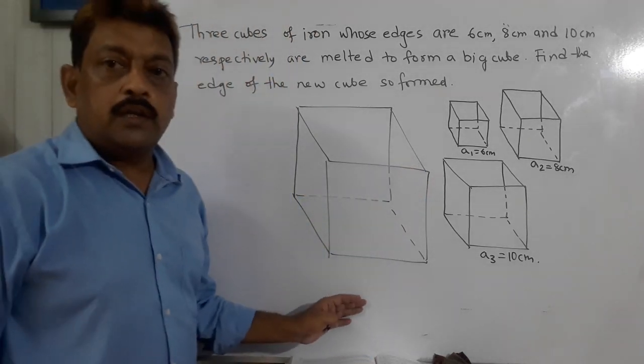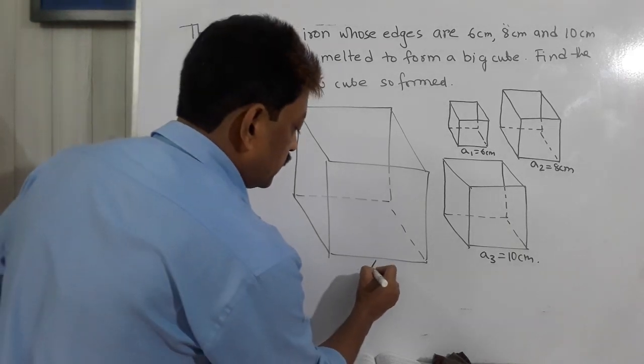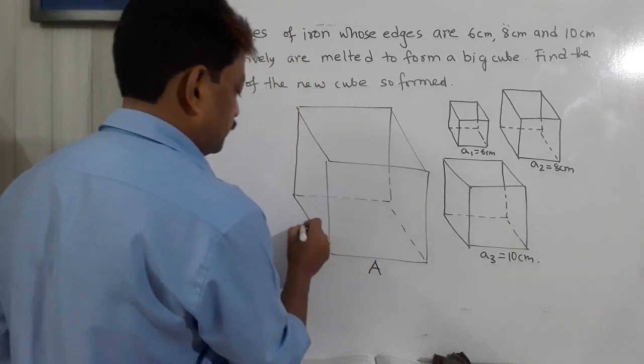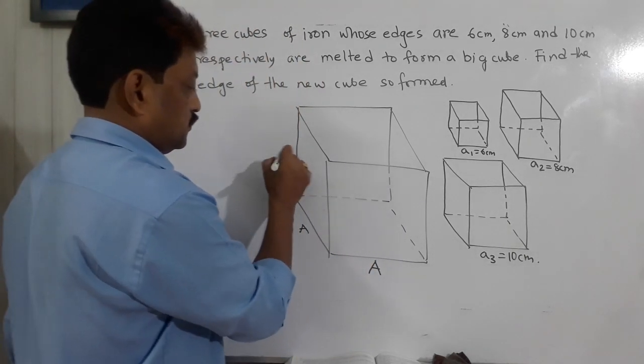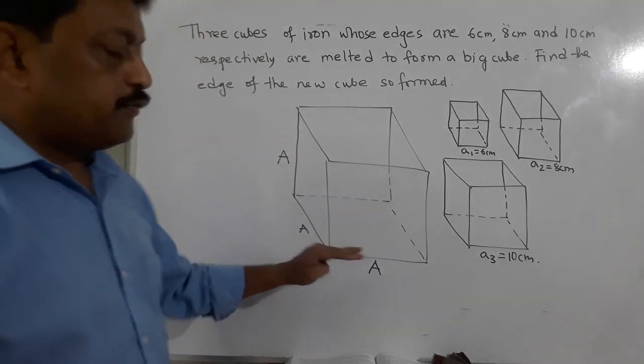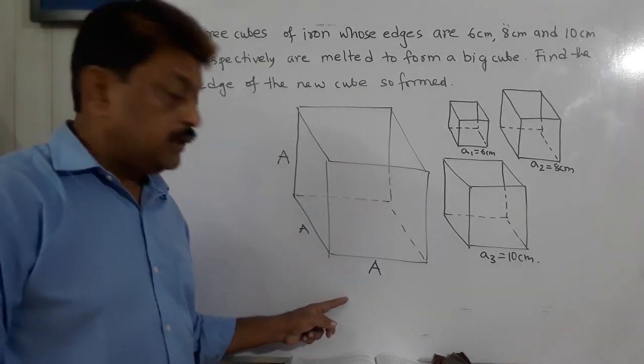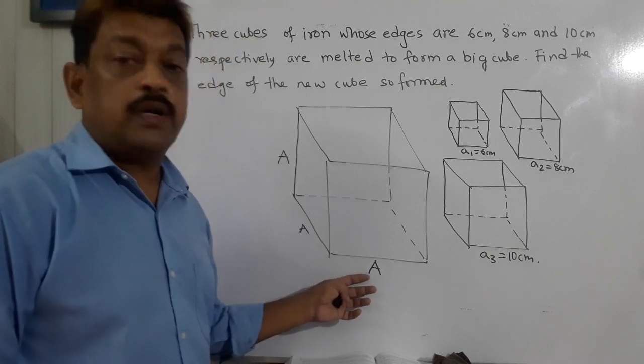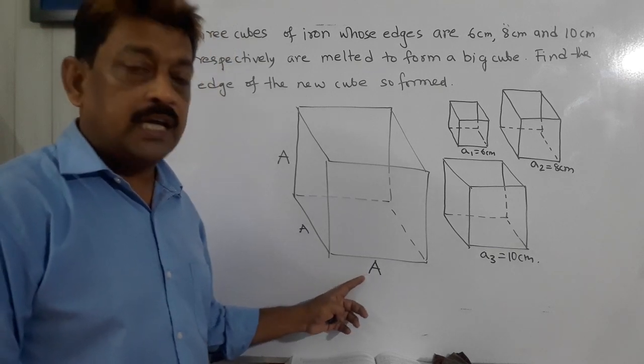We don't know the length of each side of this big cube. Let it be capital A. So we have to find the length of each side of this big cube, that is, we have to find the value of capital A.